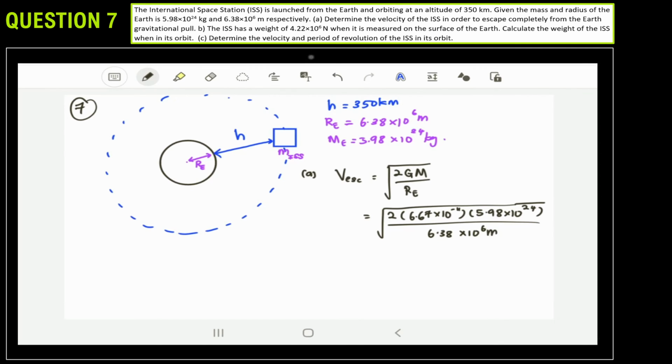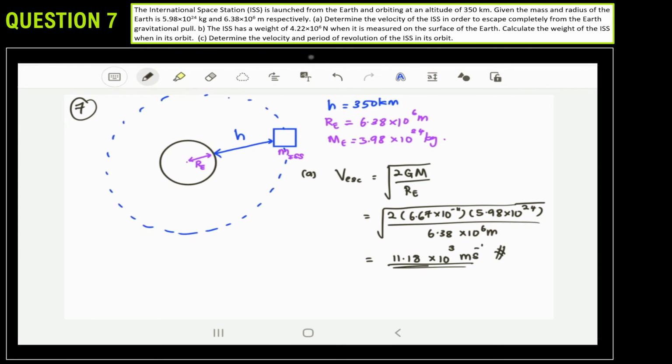Okay, so the escape velocity is equal to 11.18 times 10 power of 3 meter per second.